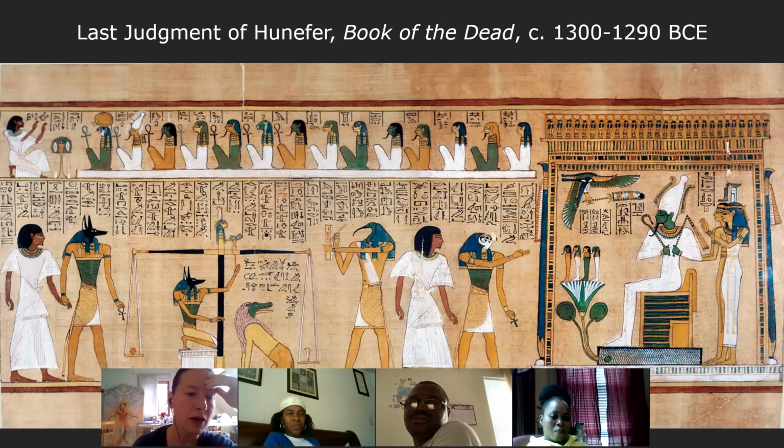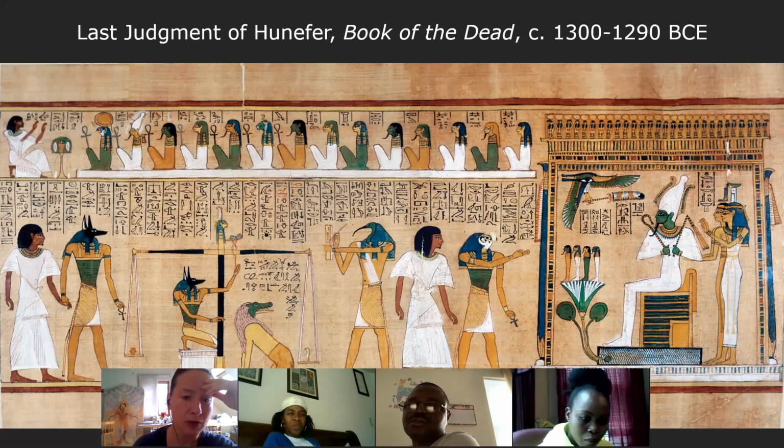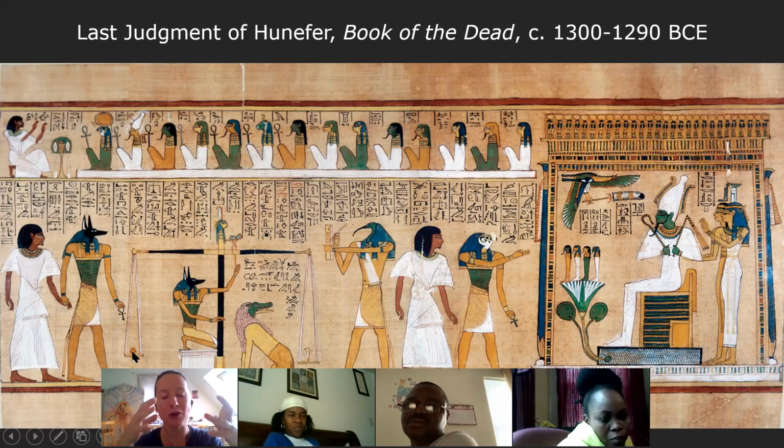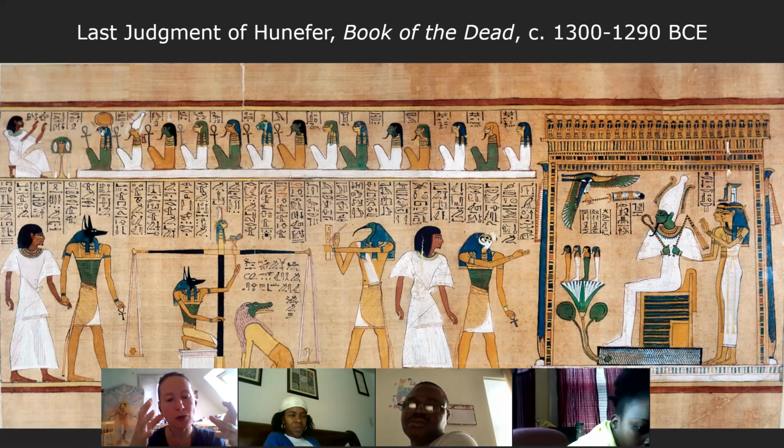He had a virtuous life. Then you have the specific gods over here. I'm sorry, I don't know exactly who they are, but when you read through the text, they will let you know. This is a symbol for judgment over here. You have the scale. His heart would be over here, because during the mummification process the organs were taken out and put in those jars.